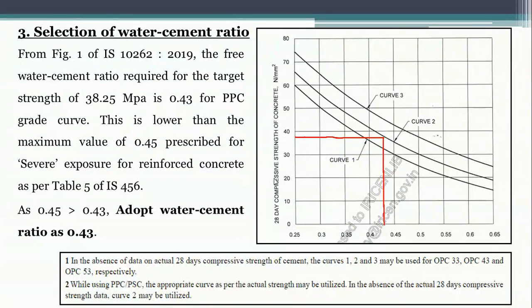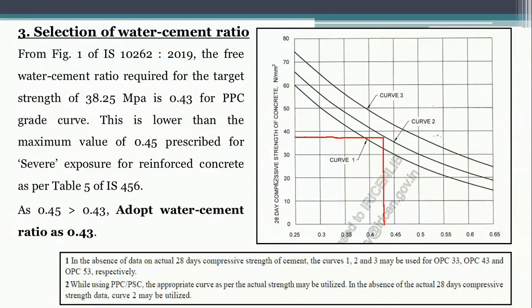But in the second point of the note, if you read, you will get to know: if you are using Portland Pozzolana cement or Portland slag cement instead of ordinary Portland cement, then curve 2 can be utilized to find the water content. In this case we are using PPC, so we have to use curve 2 because it is given in the code book. If you use curve 3 or curve 1, it will be wrong for a PPC or PSC. So you have to use curve 2 only to find the water cement ratio.